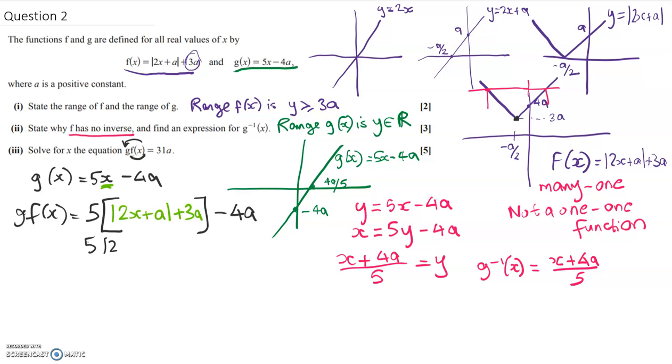Okay, so this we have to obviously simplify. So I'll have 5 mod 2x plus a, and then the 5 multiplied by the 3a would give you 15a, and then you take the 4a away and you're left with 11a. Right, so that equation equals 31a. So let's see what we can do here. We need to make x the subject.